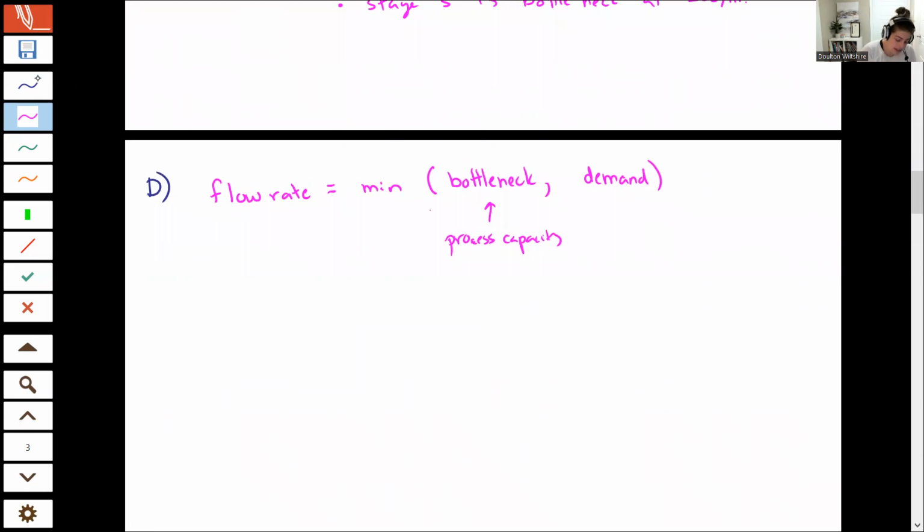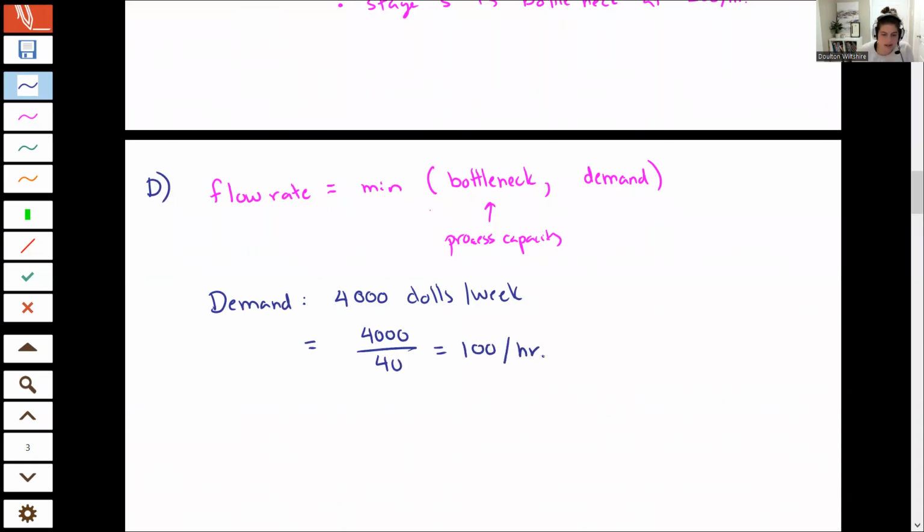In this situation, they'd given us demand information. They told us that the demand was 4,000 per week, and they also said that they work a 40-hour work week. So our demand here is going to be 100 per hour.